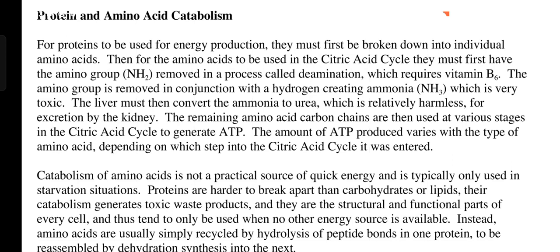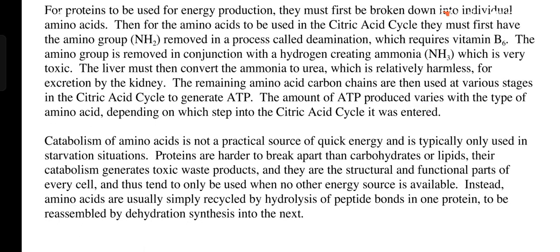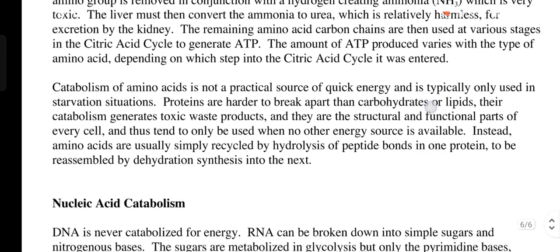The remaining amino acid carbon chains are then used at various stages in the citric acid cycle to generate ATP. The amount of ATP produced varies with the type of amino acid, depending on which step into the citric acid cycle it entered.